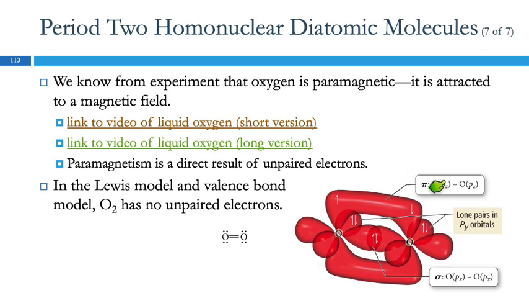Here's the valence bond version. So here we have this sigma bond here and pi bond up here, but again, there aren't any unpaired electrons. So neither of these gives us the correct result for whether oxygen is paramagnetic.